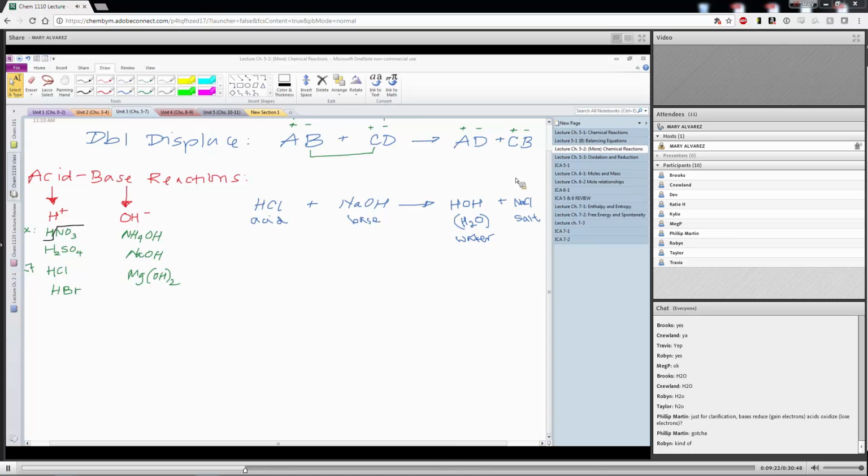Kind of. It's okay. We'll do some practice problems. Well, actually, we'll do one more before we go on. Let's pick HBr, and we're going to combine it with NH4OH.